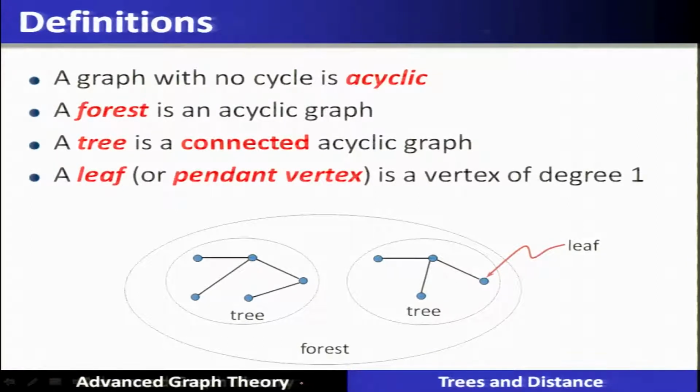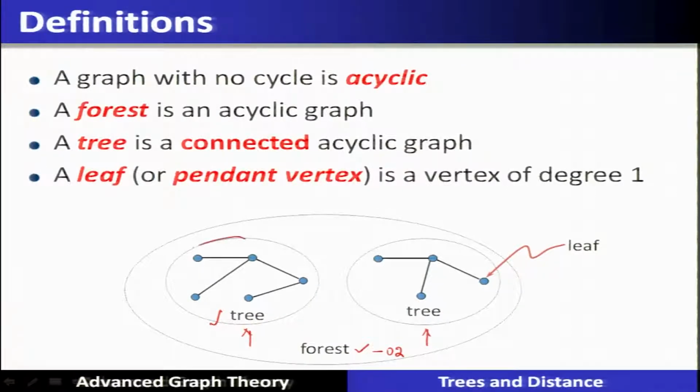As far as a forest is concerned, a forest is an acyclic graph. Here we have given two different acyclic graphs, and that constitutes a forest. Now, a tree is a connected acyclic graph.